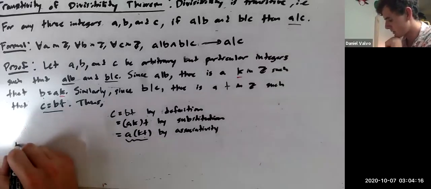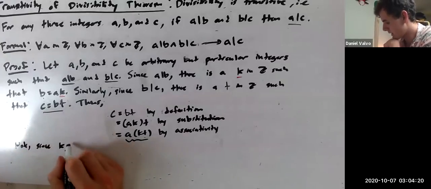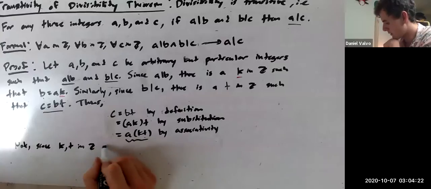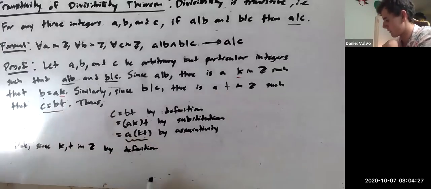So let's note, since k and t are in Z by definition, right?